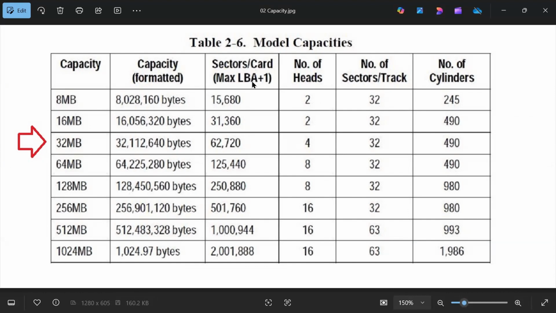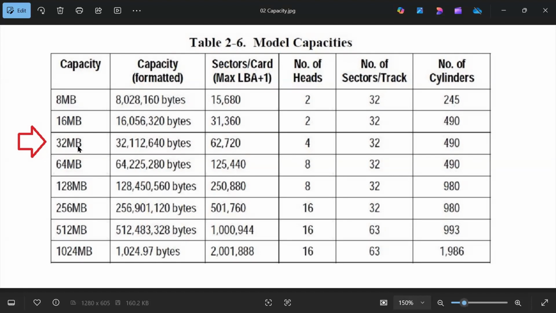The logical block address identifies one storage unit in the flash card, and the unit of storage for the flash card is 512 bytes. So one logical block is 512 bytes, and that's the minimum we can read and write to the flash card. So again, we have to take care of those complexities at our software level.